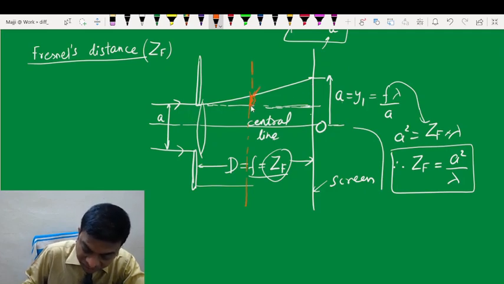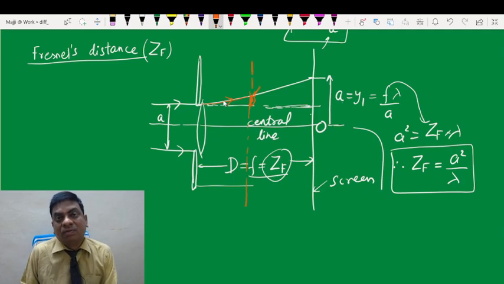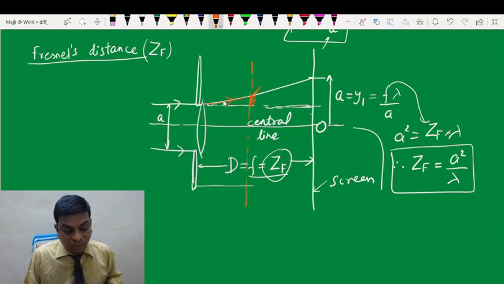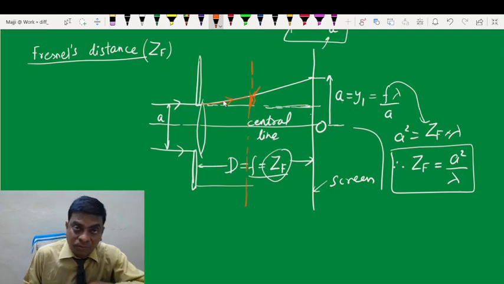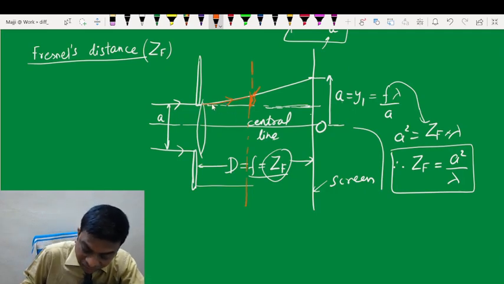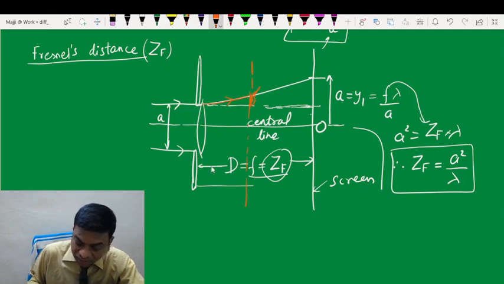So this deviation is negligible, and we can conclude that light is traveling along a straight line path. In other words, ray optics is applicable. Because when do we apply ray optics? When we assume that light is traveling along a straight line path. And when do we assume that? When the deviation is not appreciable. That happens only when this distance is lesser than ZF. But now suppose we place a screen at a distance beyond ZF.